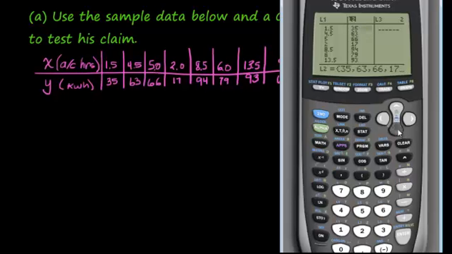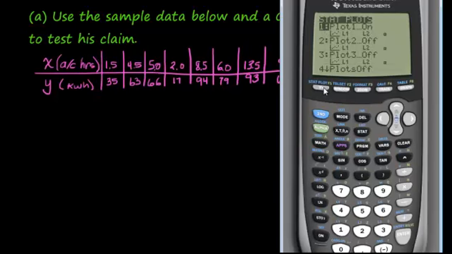I've already entered the data just to save a little bit of time. And so now we want to plot, and recall that we use stat plot, so second stat plot, and then enter twice. It turns it on. Tab down to the scatter plot, make sure that's selected. Choose our list 1 and list 2, they're already set at L1 and L2, and choose our mark.